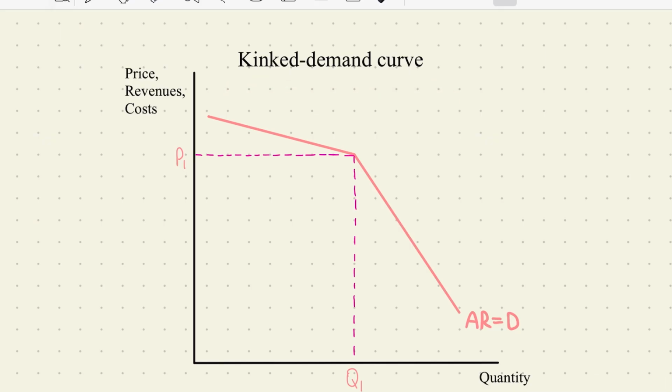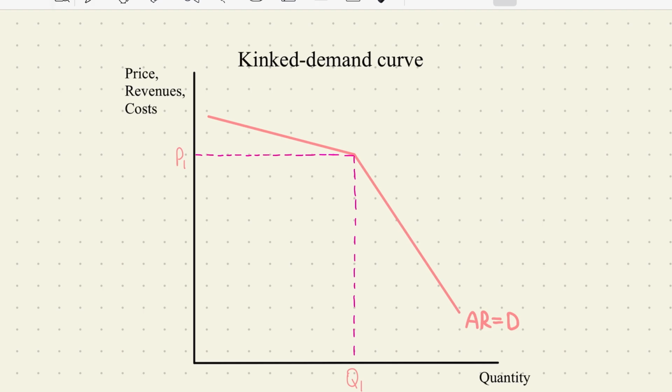The kinked-demand curve is a very interesting diagram because it shows non-collusive oligopoly behavior. And I started by just drawing this part first, just drawing the demand curve, which shows the average revenue curve. And there are several insights that we could see here from the beginning.